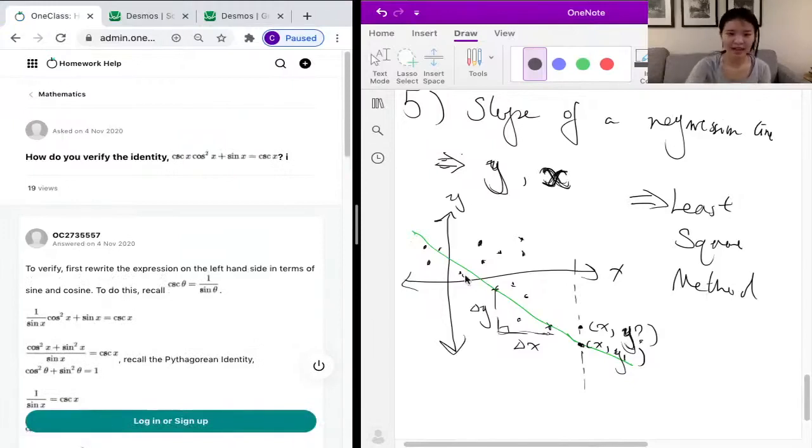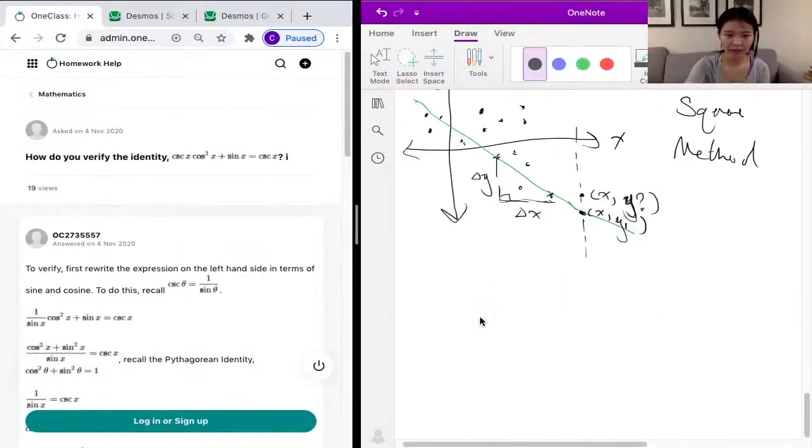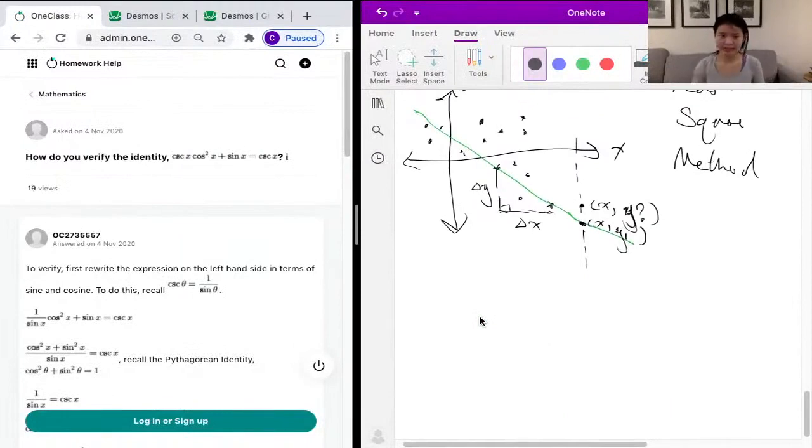Our next problem asks us, how do we verify the trig identity cosecant x cos squared x plus sin x equals cosecant of x? This is a verification problem, and when someone asks you to verify something, you start at the left side of the equation.